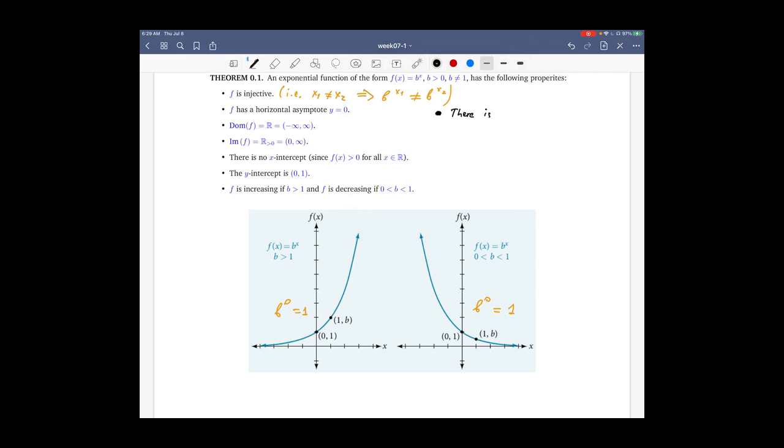There is a horizontal asymptote y equals 0, and the reason for that is that the limit of b to the power x as x goes to, say, positive infinity is 0, provided that b is between 0 and 1.